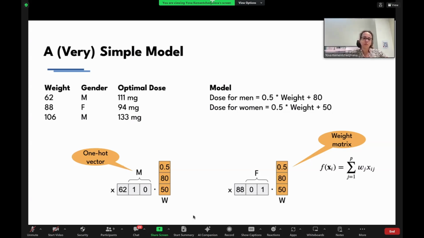How we might formalize that is to represent the input features as the age of the person and then a one-hot representation of the gender. What I mean by one-hot is we have these two genders, male and female. These genders are categorical variables, they're non-numeric, but we want to perform some computations with them.